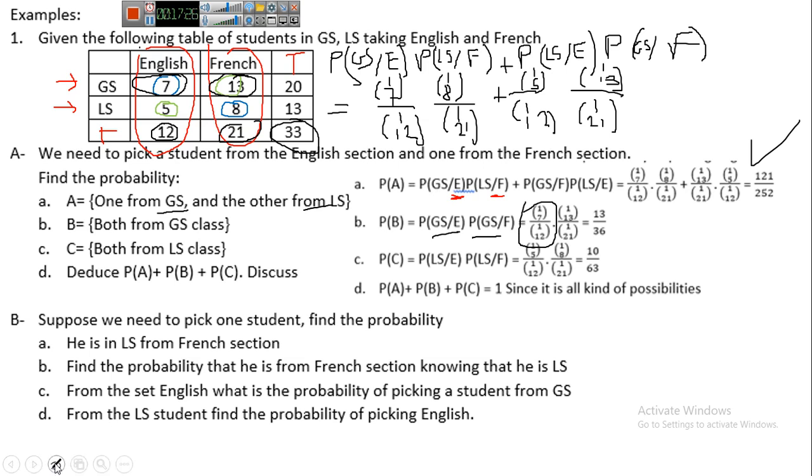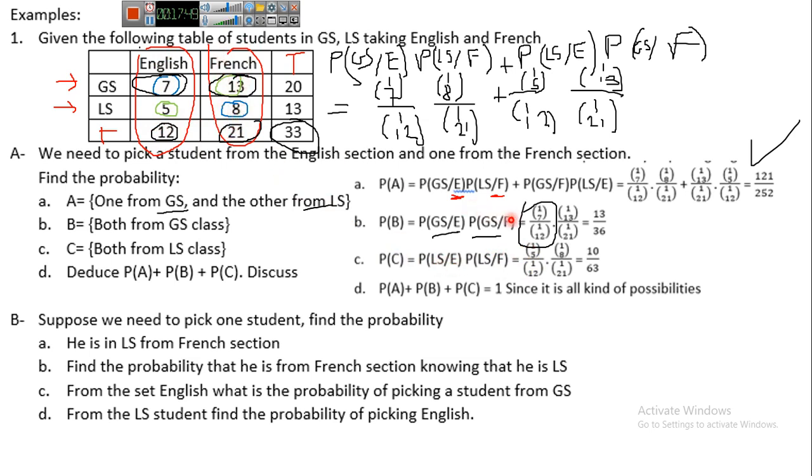And in French, I want GS. I have 13. 1 out of 13 over 1 out of 21. I want both from LS. One I want to pick from English, one from French. So from English, I have 1 out of 5 over 1 out of 12, knowing from English, and LS from French.